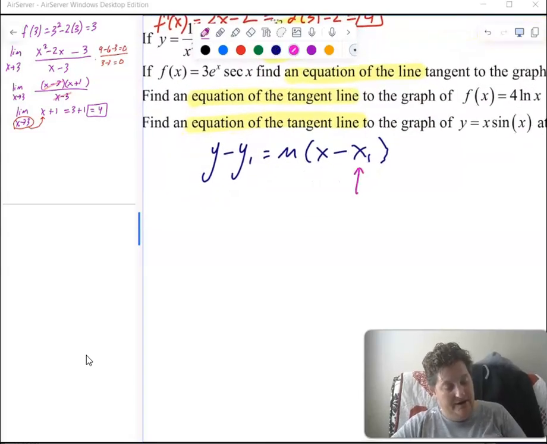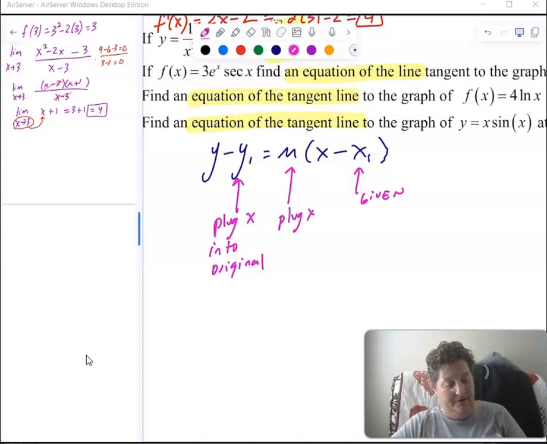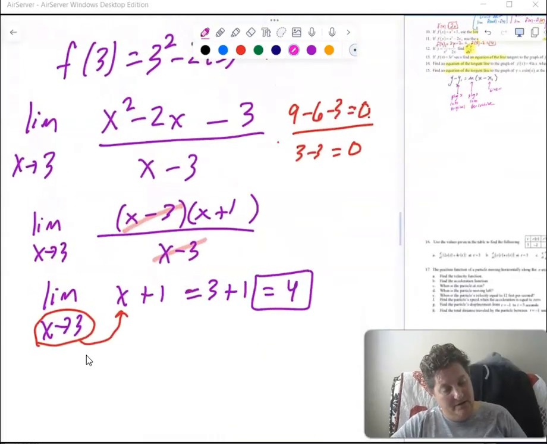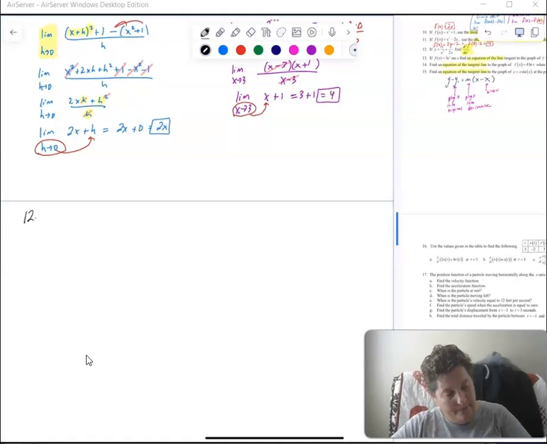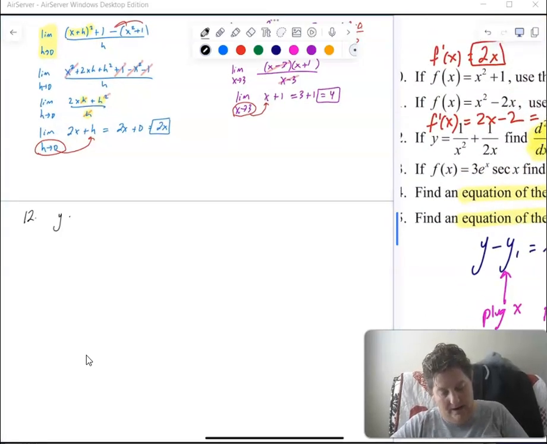Just as a reminder, x1 is almost always given to us. y1 is sometimes given, and if not, plug the x coordinate into the original equation. m is never given to you, and for that, you always find it by plugging x into the derivative. So that's how I'm going to do those equations of tangent lines. But first, let's go ahead and do this second derivative. It says y is 1 over x squared.